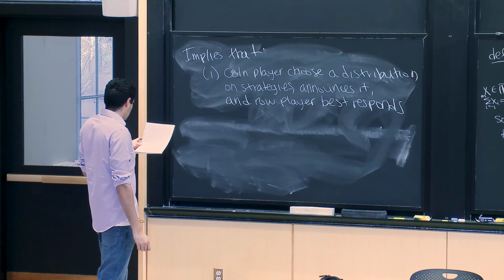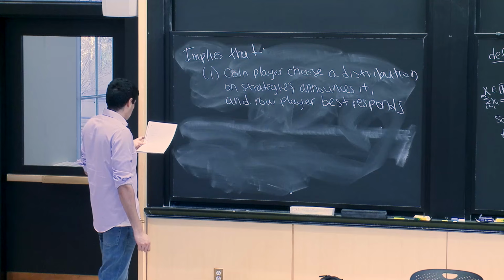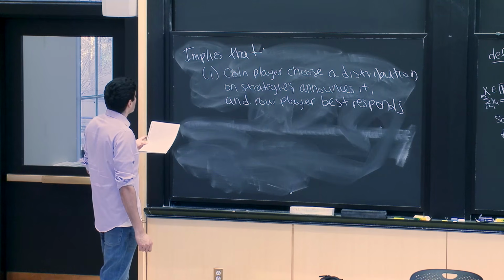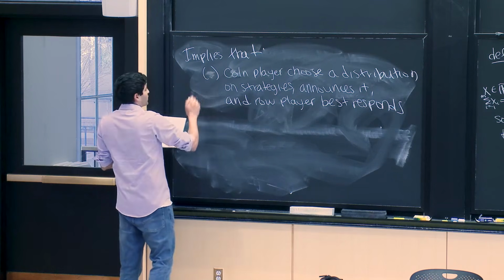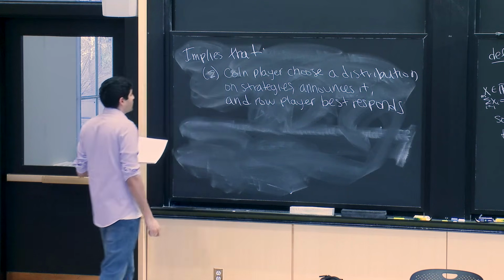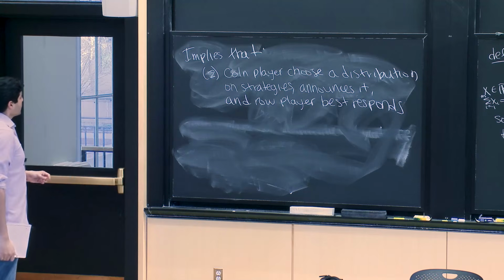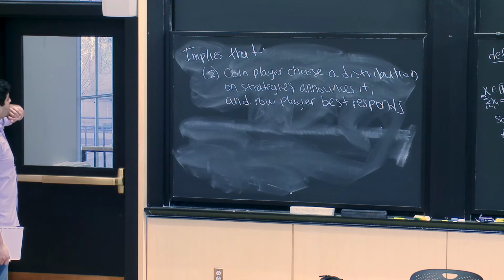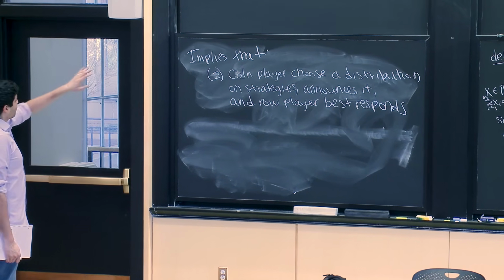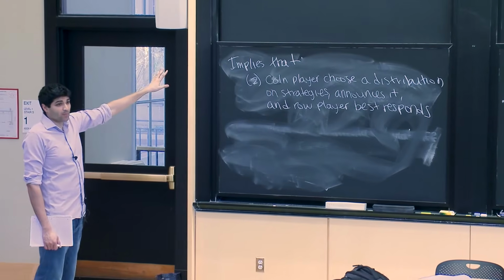Did I get these backwards? One second. Ah, I think it's backwards. All right, let's do 2. So what's going on in expression 2 is that first we have this outer min.